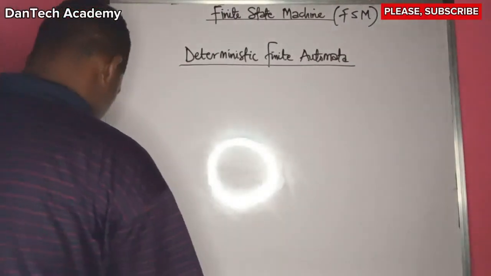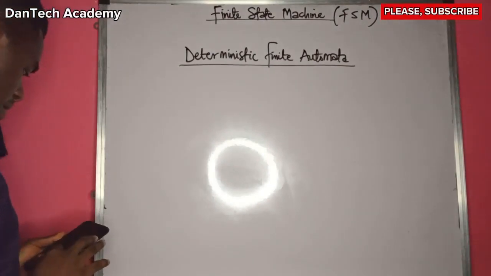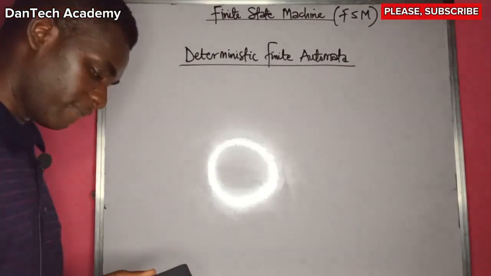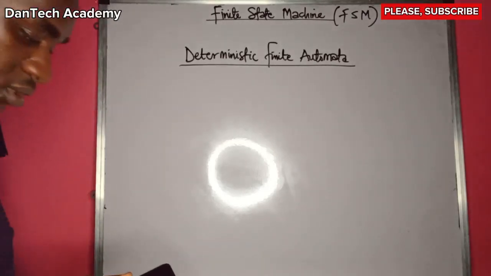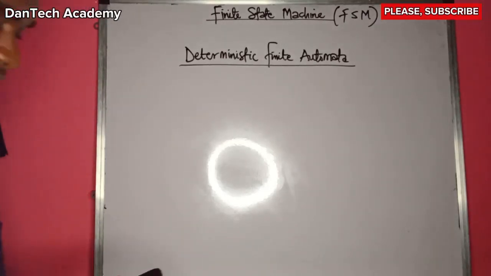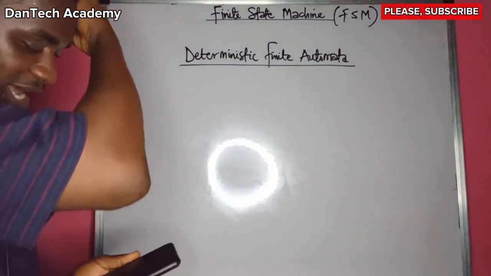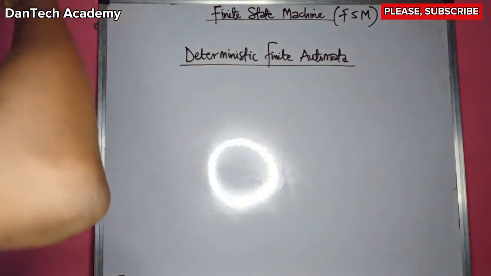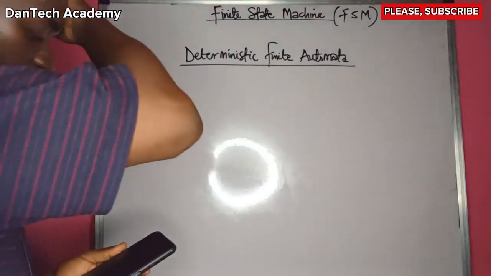But let me just read up from what I have here. I say a deterministic finite automata, which is DFA in short, is a specific type of finite state machine, FSM, where each transition from one state to another is uniquely determined by the input symbol.